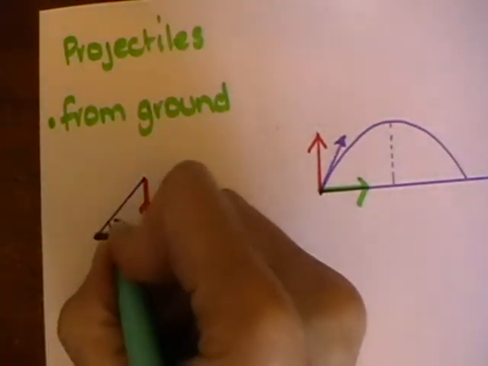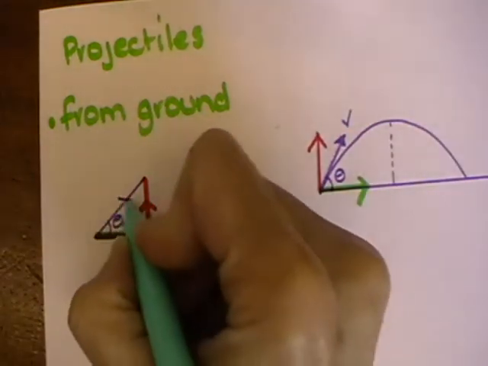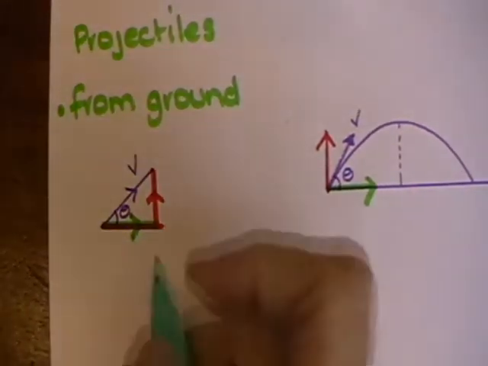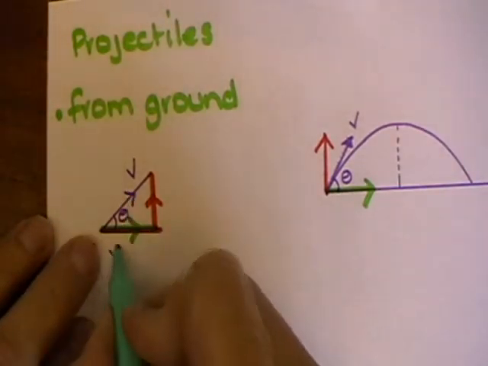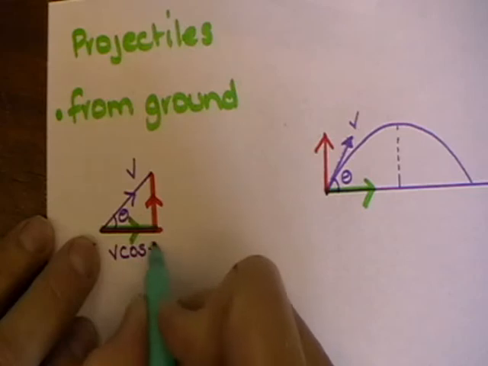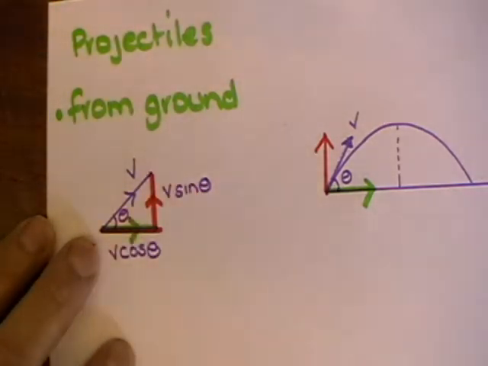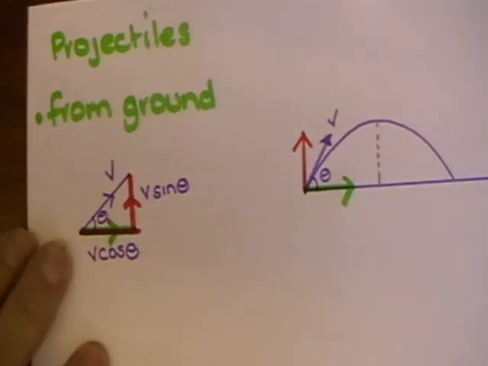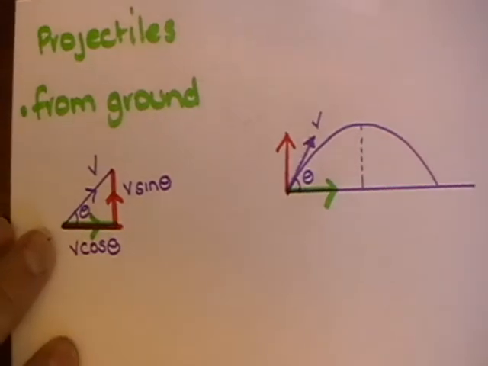So if you know the size of this angle, and you very often are given the size of the angle and the size of the velocity v, then you know immediately that this horizontal component of the velocity is v cos of the angle, and this one is v sine of the angle. And once you know that, you treat that as if there are two individual motions going on.